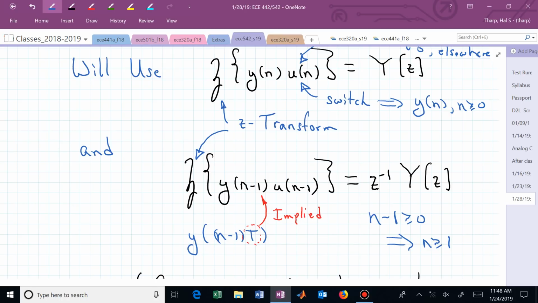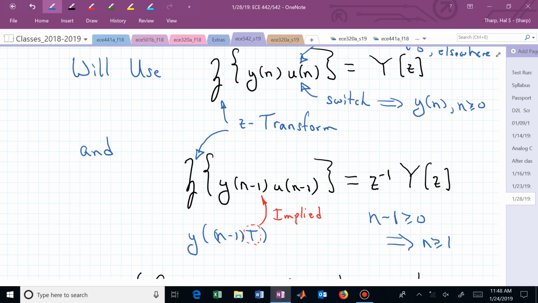If we know that the z transform of y of n, u of n is capital Y of z, then we can use this z to the minus 1 operator to say that if we simply delay that sequence by 1, its frequency domain representation is z to the minus 1, capital Y of z.